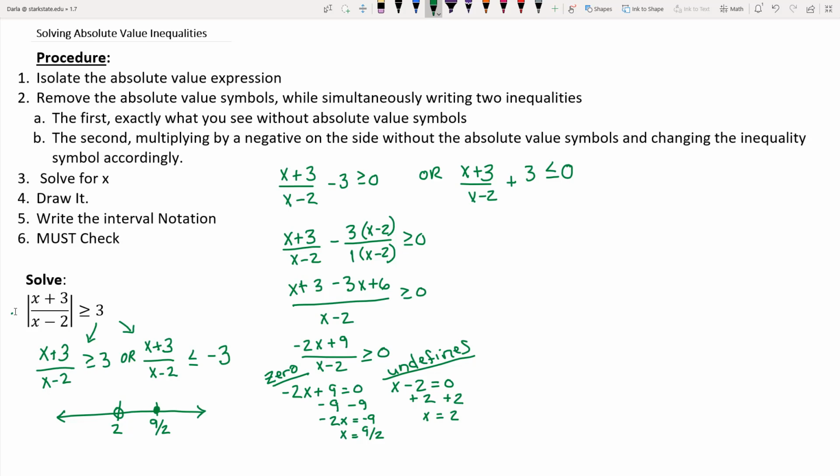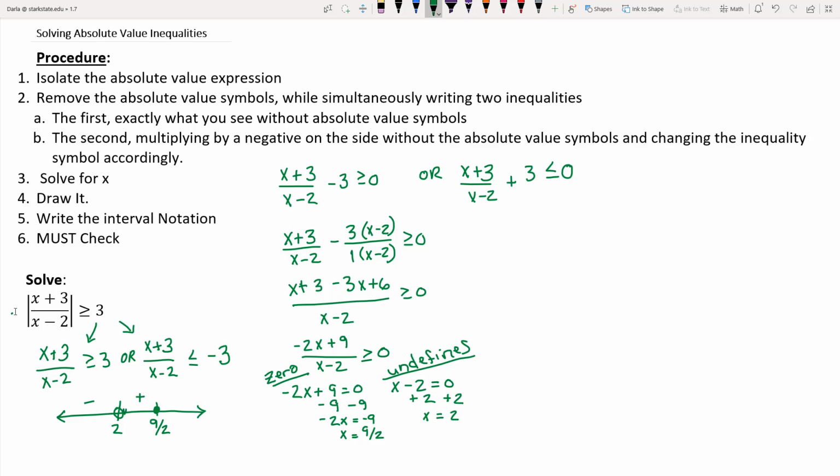That would give us a positive over a negative, which is negative overall. So that's not greater than 0, so that won't be part of our solution. If I pick something between 2 and 4.5, let's say 3, that'll give us a positive over a positive, which is positive overall.